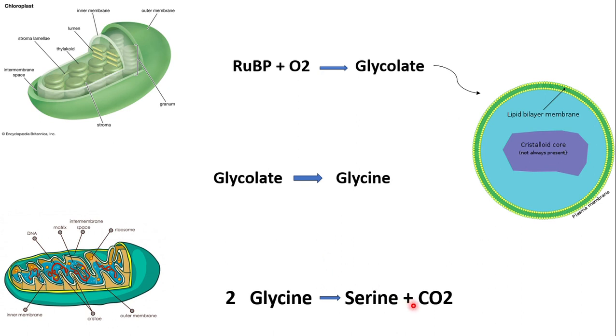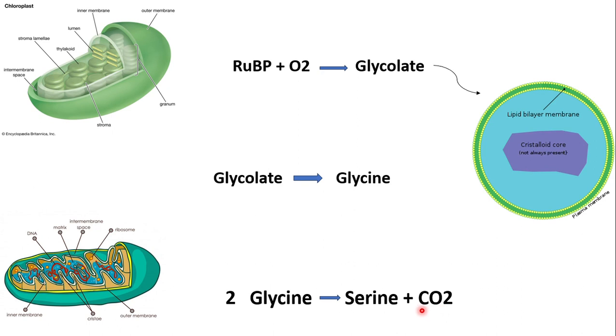So guys, there are some similarities and differences between photorespiration and the Calvin cycle also. This photorespiration process also uses the ATP and NADPH that were produced in the light reaction of photosynthesis. And you know that the Calvin cycle also uses the ATP and NADPH that were produced in the light dependent reaction. This is the similarity. But the Calvin cycle and photorespiration are totally reverse of each other.